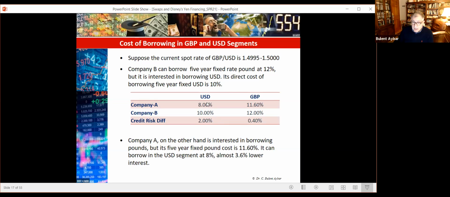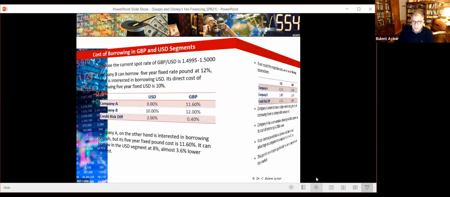It is possible that in the dollar segment, company A's risk is underestimated, or in the British pound segment, its credit risk is overestimated. So this might happen because of informational asymmetries or other institutional reasons, but obviously there is some mispricing in here.